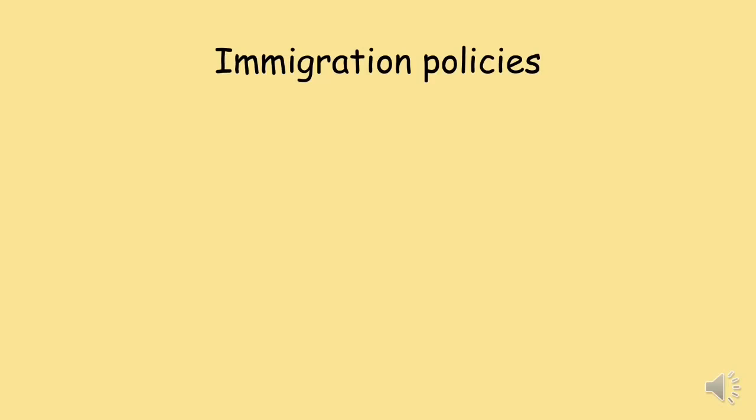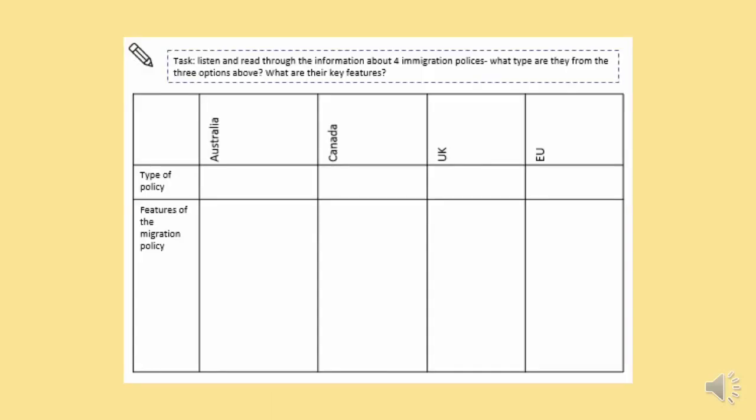First we're going to look at some different types of immigration policies. So, people moving into a country and how governments might try to control who comes into their country. We're going to look at 4 different types of immigration policy: Australia, Canada, the UK, and then the European Union.